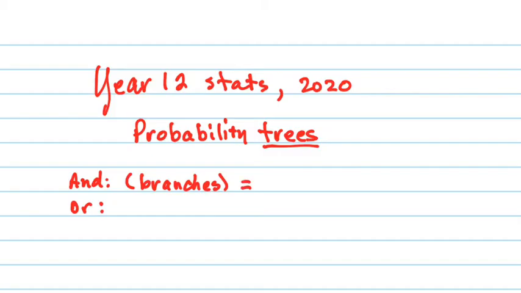Remember that when you have the word and, what you're always going to be doing is multiply the probabilities for each event. But for the word or, that's when you have different things happening. You get different probabilities and you need to combine them in the end. Remember, that always means add the probabilities. And we'll look at examples of each of those so you know exactly when you're supposed to be doing which one. Okay? It's pretty obvious, pretty clear.